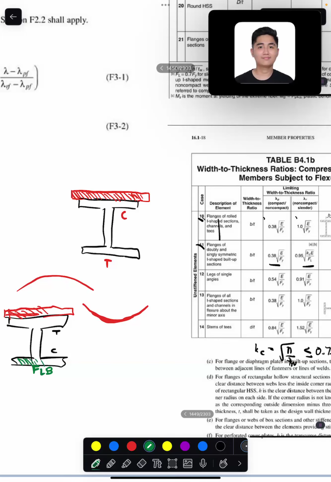Pero say, umabot tayo dun sa case. Okay, granted na meron ka ng stiffener dun sa flange mo, pwede mo na masabi na laterally supported yung top flange mo throughout, granted that it experiences positive moment. Then, yung next mong i-look out for is whether yung web mo can experience web local buckling.